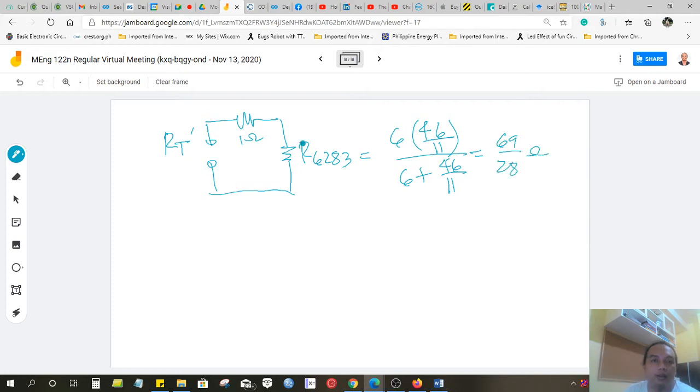Now we can get the value of RT. RT prime now is equal to 1 ohm plus 69 over 28, so plus 1. That is 97 over 28 ohm.